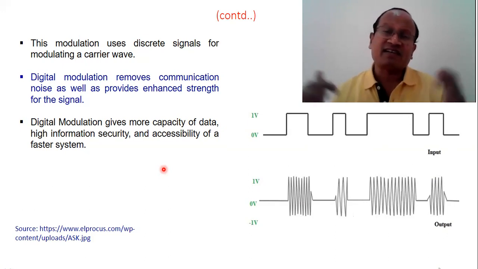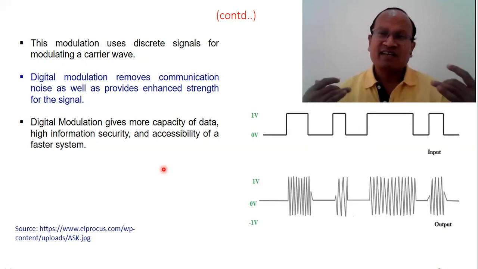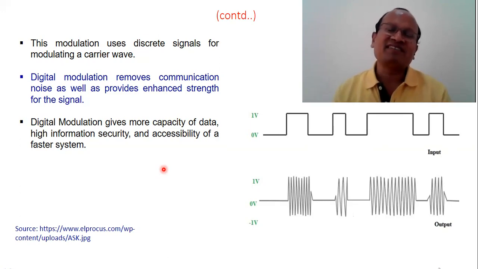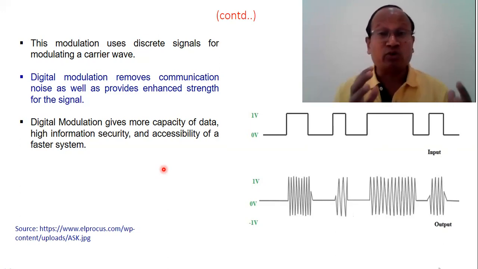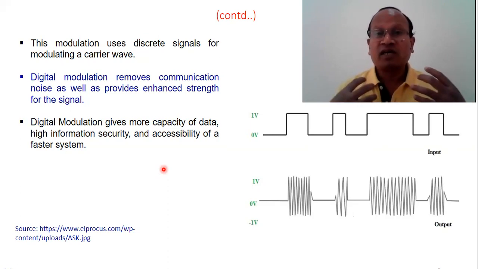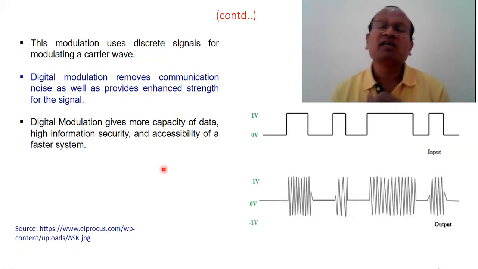These days data is transmitted in Gbps, terabits per second, gigabits per second. How is it possible? It's because of the advent of digital communication systems that allow enormous data capacity and enormous channel bandwidth, and this is why a large amount of data can be communicated.